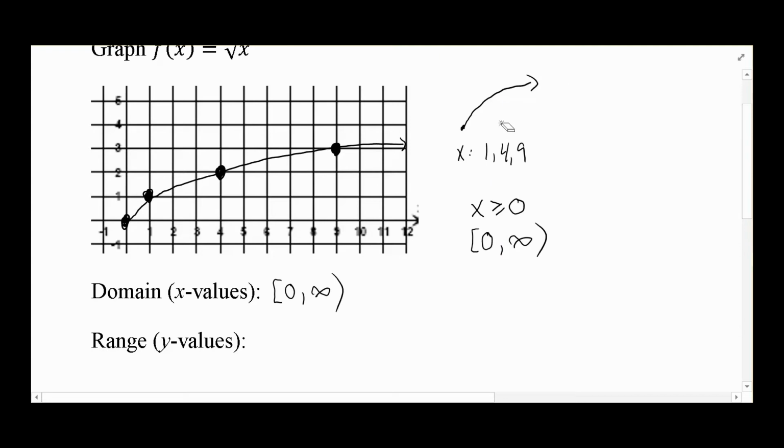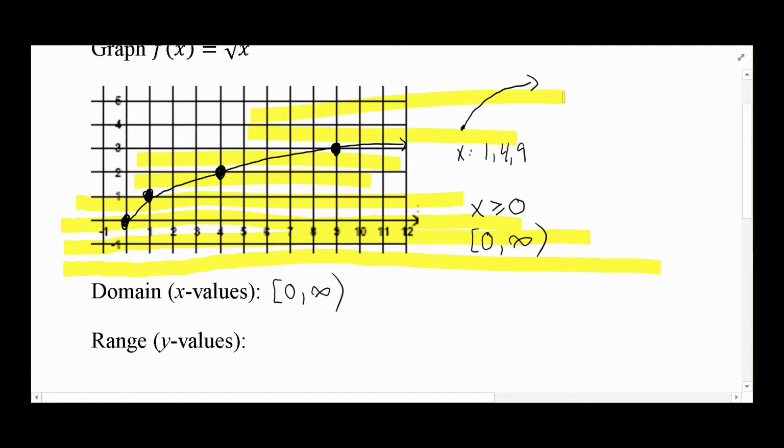Now the range is the allowable y values. I can similarly scan my graph and say, hey, let me scan down here. Do I have any values on my graph? No, not yet. Let me take a step up. Let me keep on scanning. No values yet. Oh, there's a value. I have a value as early as 0. And as I keep scanning up, I keep hitting values.